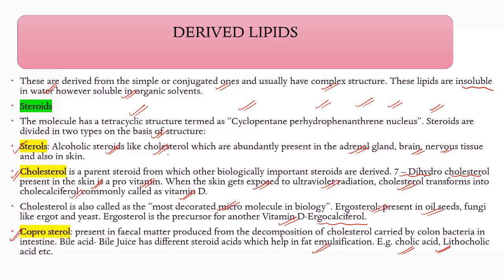Coprosterol is present in fecal matter, produced from the decomposition of cholesterol by colon bacteria in the intestine. Bile acids, in bile juice, are different steroids which help in fat emulsification: cholic acid, lithocholic acid.